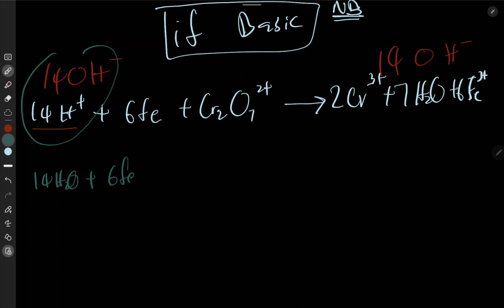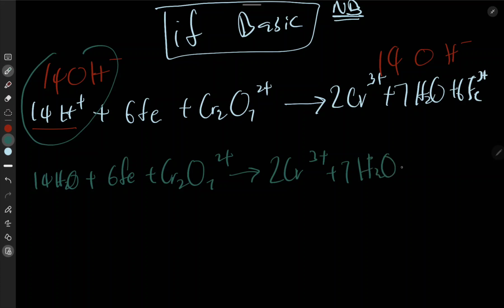adding with 6 Fe²⁺ plus Cr₂O₇²⁻ giving 2 Cr³⁺ plus 6 Fe³⁺ plus 14 OH⁻. I'm just copying everything. Now I don't know why I'm copying like this, because I could have just copied and pasted.